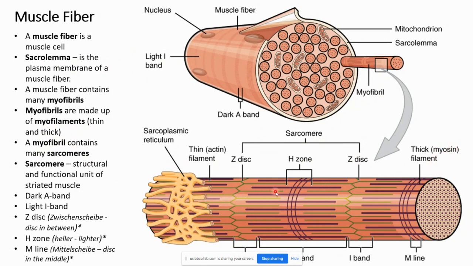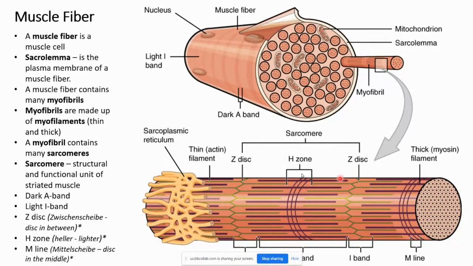In green, we see the thin filaments, that's called actin, and they overlap each other. So the thick filaments are overlapped by the thin filaments on either side. So actin is on either side of myosin, overlapping, and this Z disc kind of separates sections of myofibril.